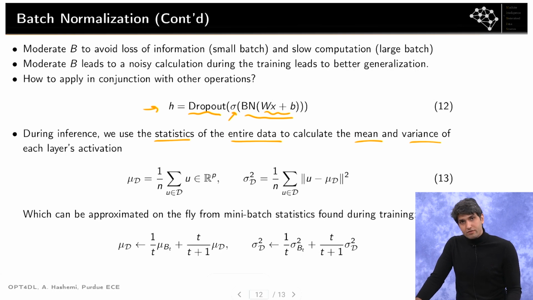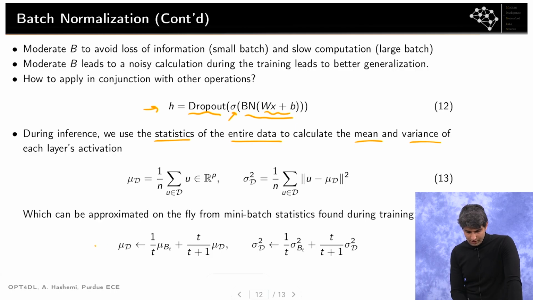So therefore we want to make sure that we are calculating the mean and variance of the entire training data. Obviously this is going to be quite exhaustive, calculating the mean and variance over a very large data set. So what we may do in practice is to estimate the mean and variance associated with the statistics of the entire training data during training.